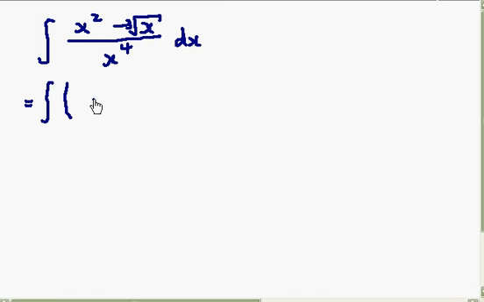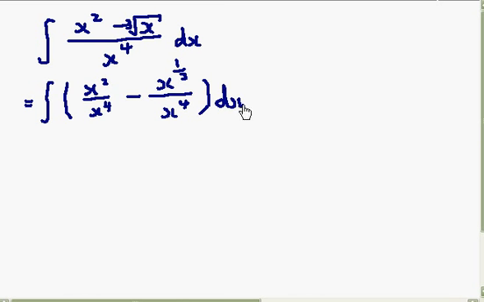Okay, so first of all, I can split this into x squared over x to the 4, take away, now the third root of x is x to the third, over x to the 4 dx.